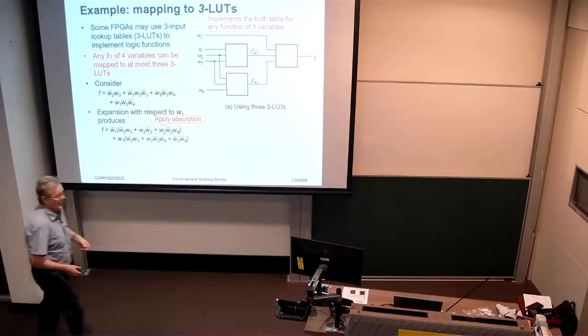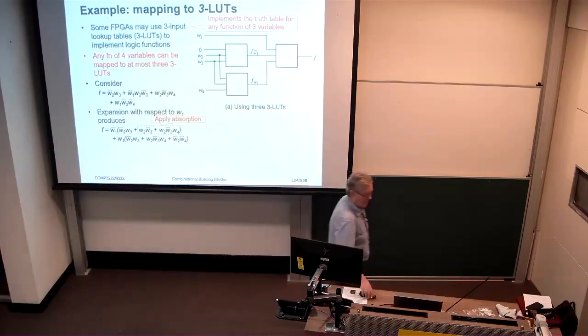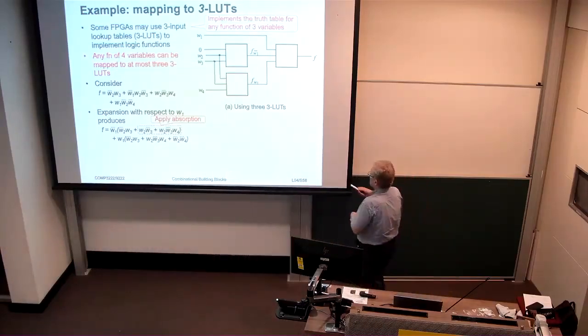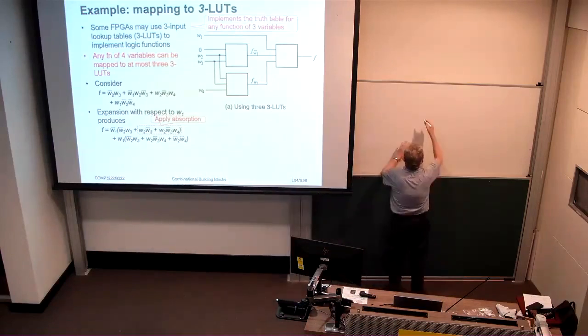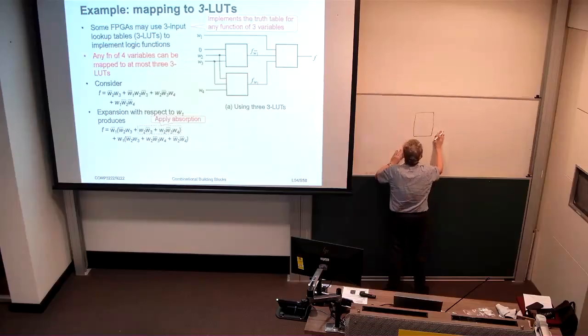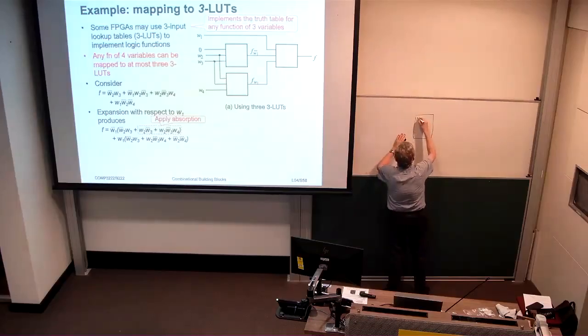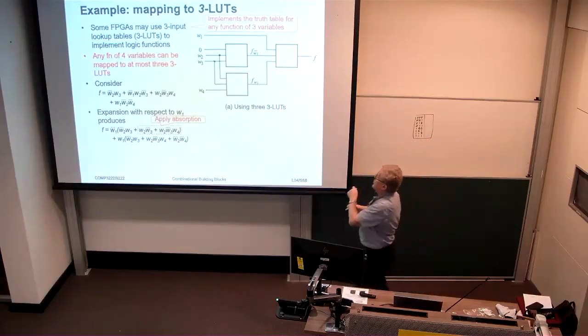How would that lookup table be programmed? Well, this is a 3-input lookup table. So they're just addresses that I've put there. What function would the top one have to be?